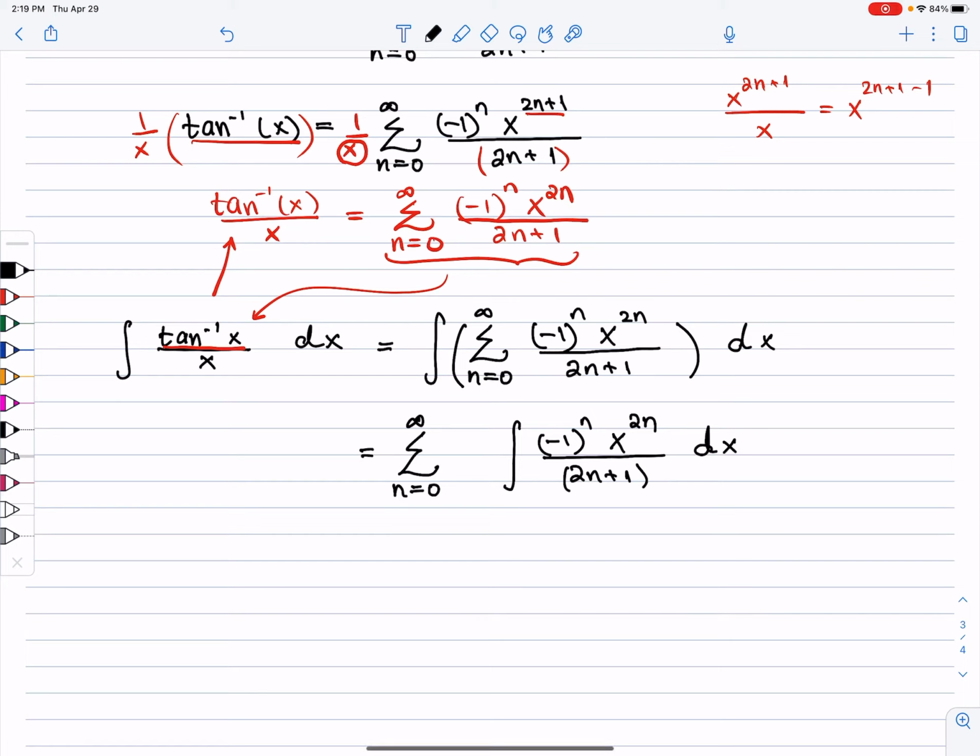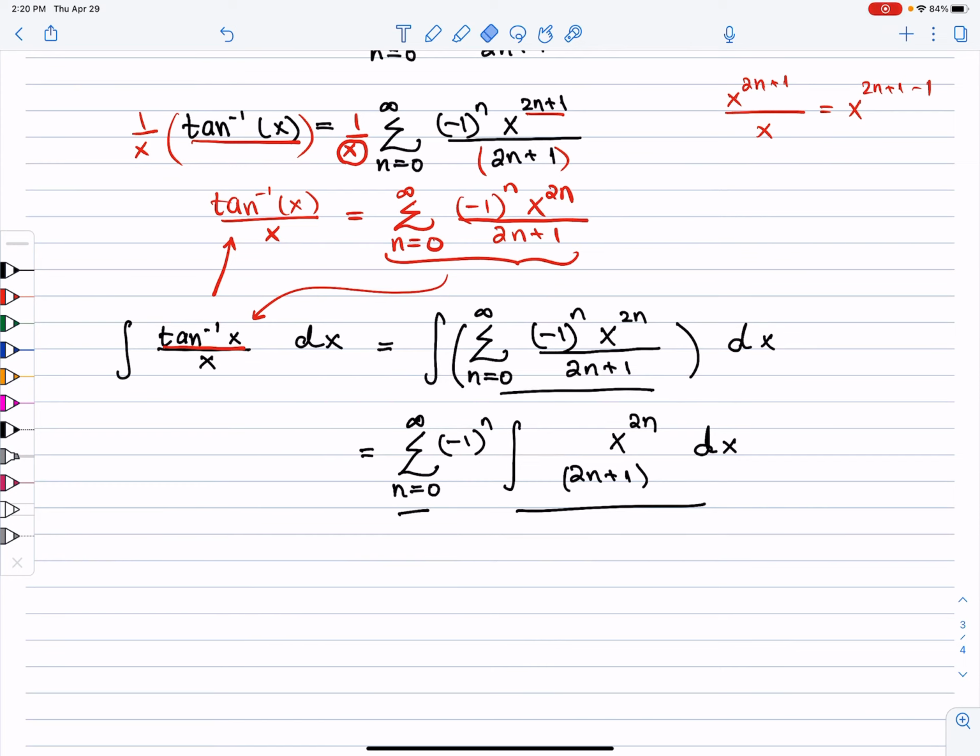Okay. So the integral of the sum is the sum of your integrals. Or you can think about it as the integral of the terms. The integral of your series will be the series of the integral of each of your terms. Now, when you are integrating with respect to x, then that negative 1 to the n becomes a constant, so we can move that out here.